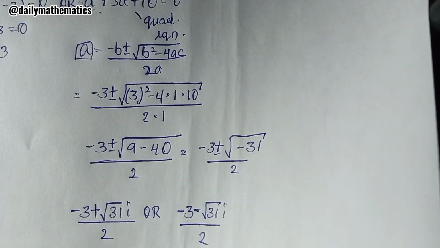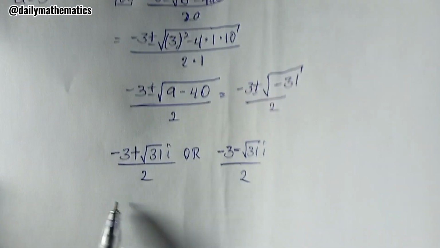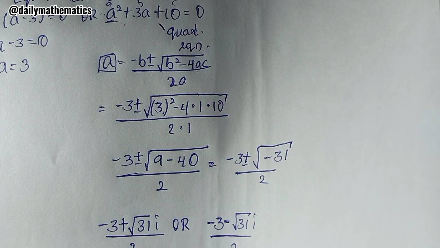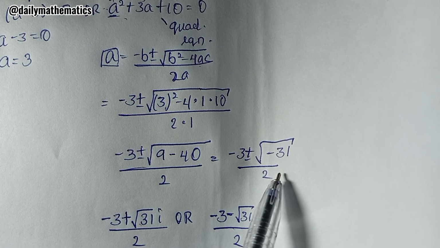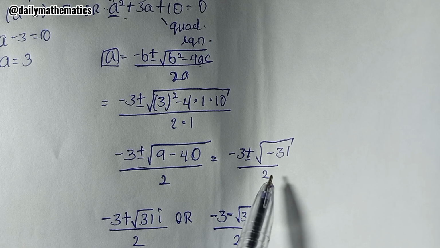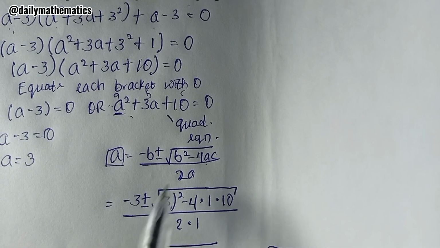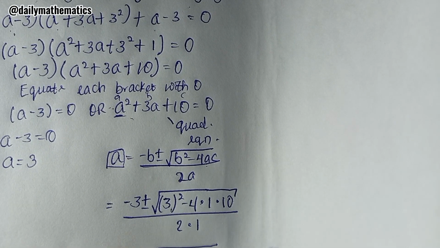So these are the values of a. This is the first value, a equals 3. This is the second value, and the third value. But remember, this is a negative value. That's root 31i, meaning it's giving us the root of negative 31, which we're not going to use.